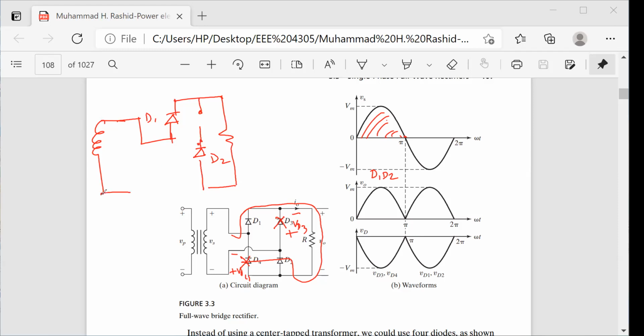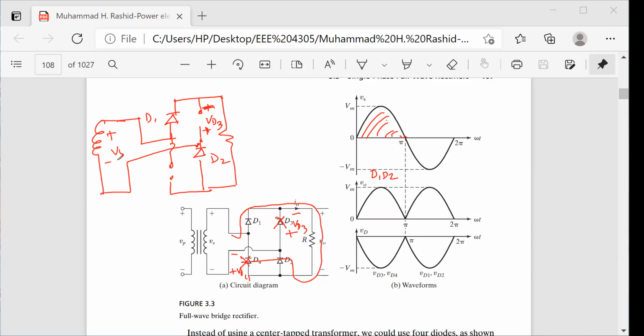And that is also connected here. And this is not conducting. So this will be your VD3. This is your VS. Now you apply your Kirchhoff voltage law and try to find out.